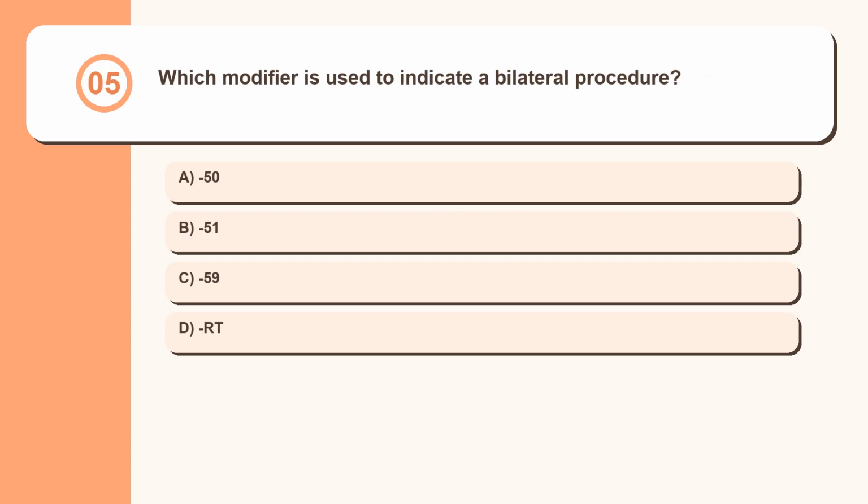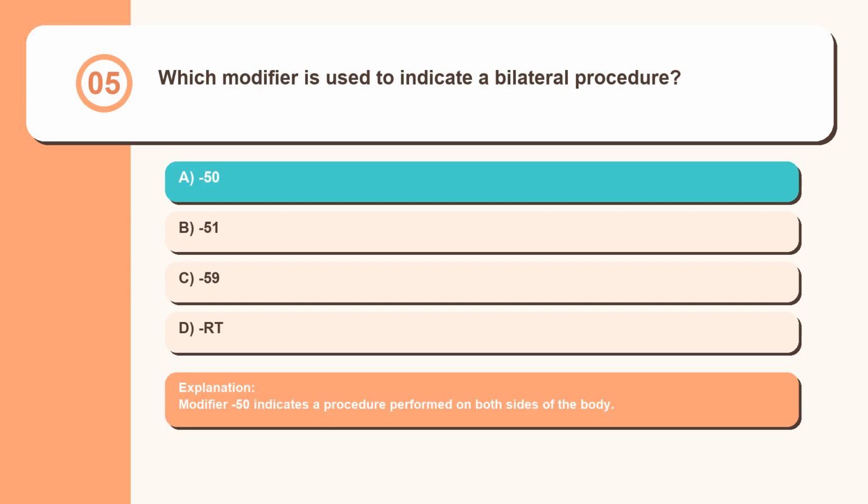Question 5. Which modifier is used to indicate a bilateral procedure? -50, -51, -59, RT. Modifier -50 indicates a procedure performed on both sides of the body.